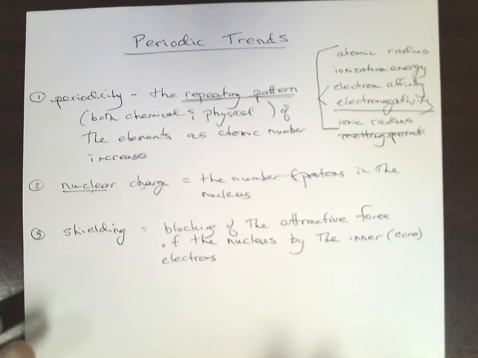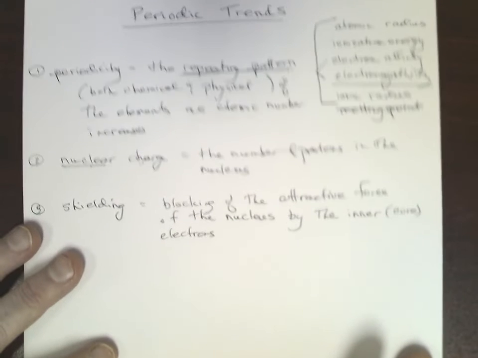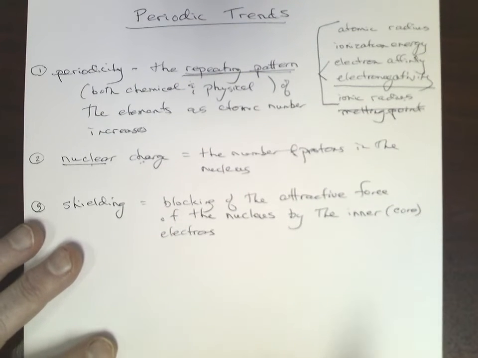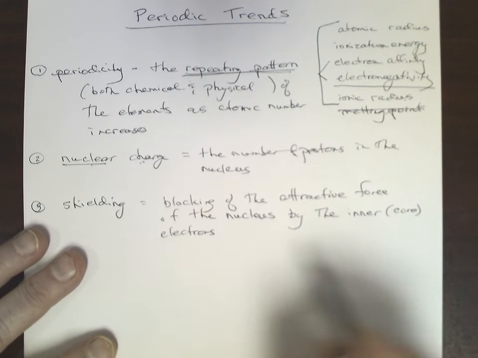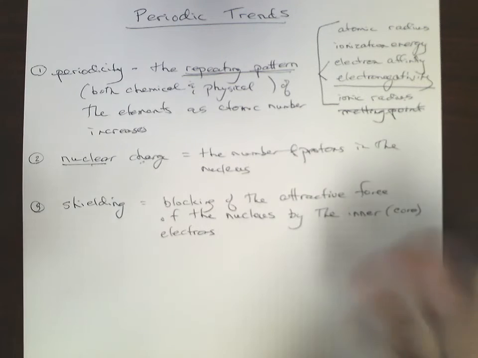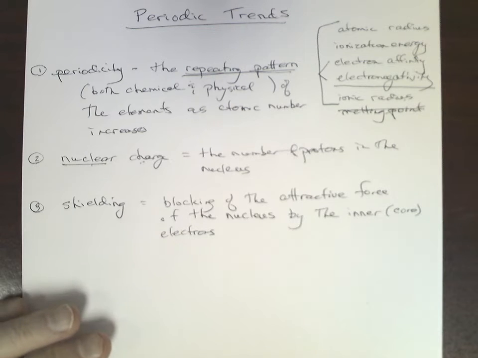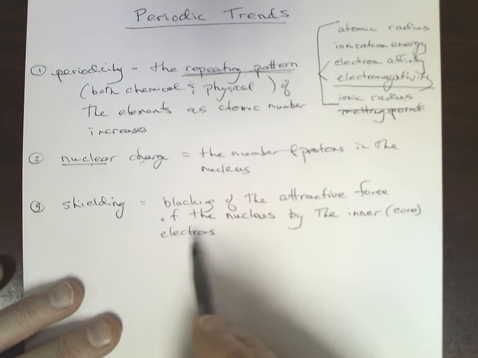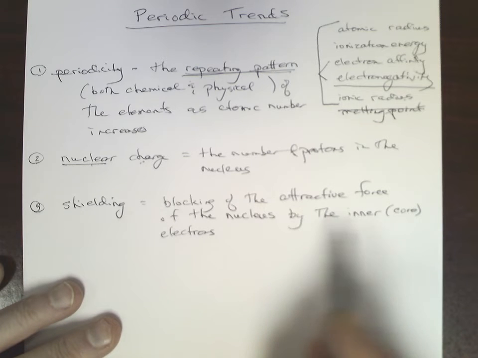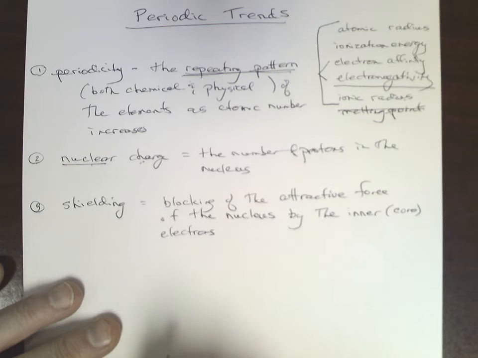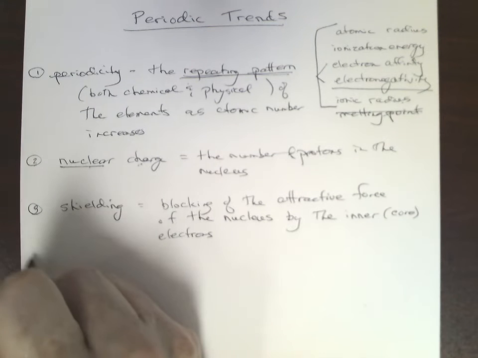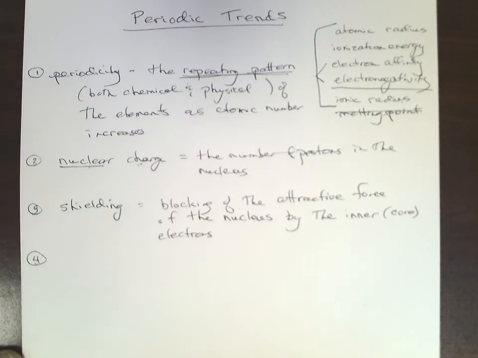And I'll draw this out for you here in a second, and I think you guys are fine with this. So the inner core, or the electrons not in the valence shell, they block the attractive force of the nucleus as it pulls on the valence electron. So it's the blocking of the attractive force of the nucleus by the inner core electrons. Okay, great. And now comes the biggie.